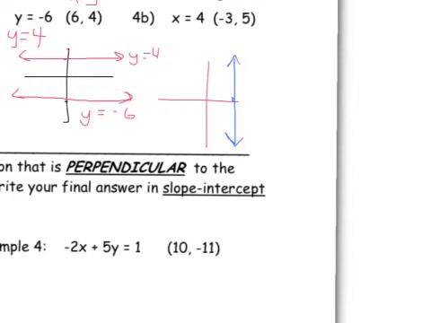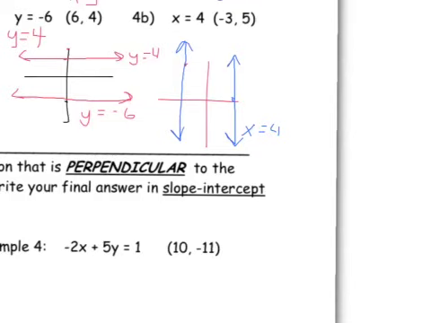Okay, and we're going to write that this is x equals 4 for that line. Then we know that it's going to pass through (-3, 5), so back 3, approximately, and up 5. So we're looking for a point right around here. And then we're going to draw a vertical line through that, because it needs to be vertical as well, since it's going to be parallel.